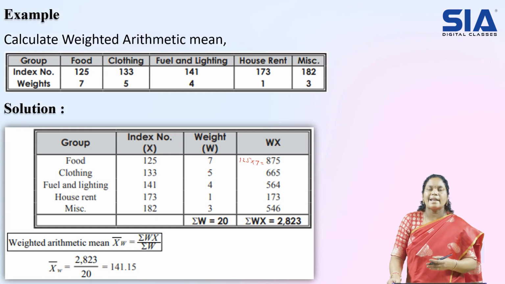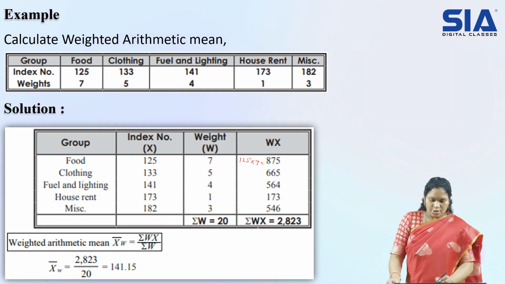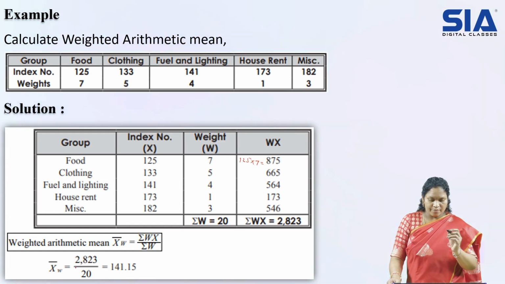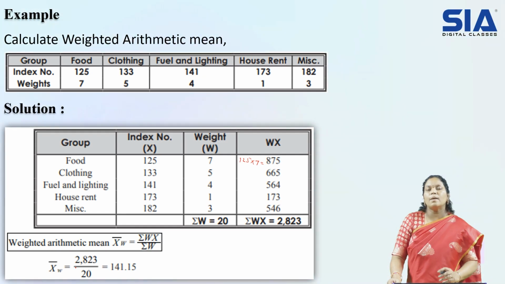Add up the entire column and you get summation wx, which is 2823. Carry on with the formula: x w bar is equal to 2823 divided by the overall summation w. You have to take the weights, since we are giving importance to weightage, right?